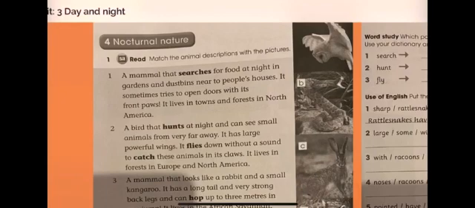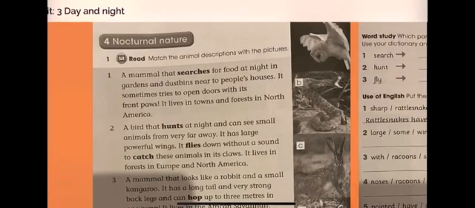Now what is this word, paws? We have feet, and the dog, cat and raccoon all have paws. So their feet are called paws, like the feet of birds are called claws. Understand? So here the word paws is used for the feet of this animal.